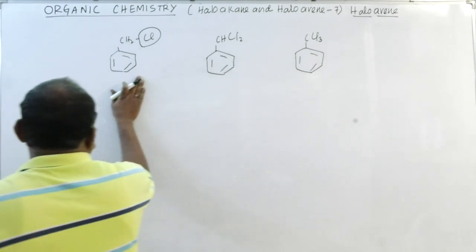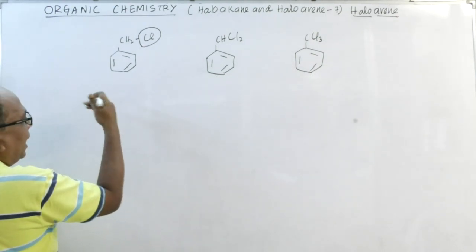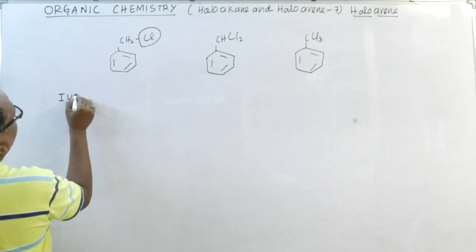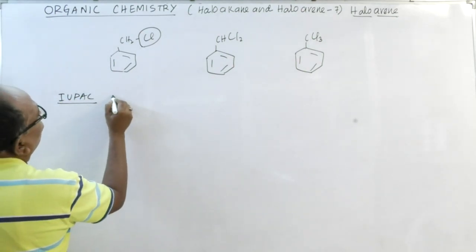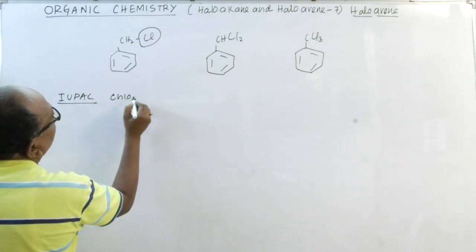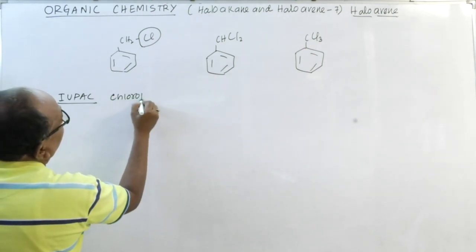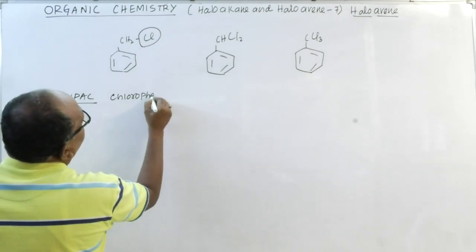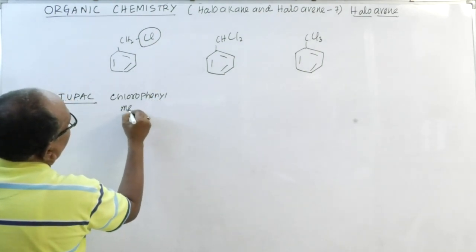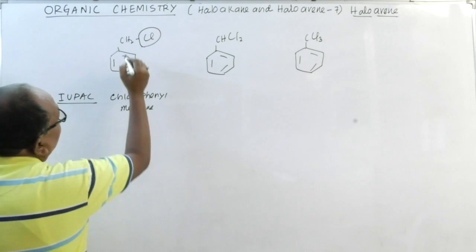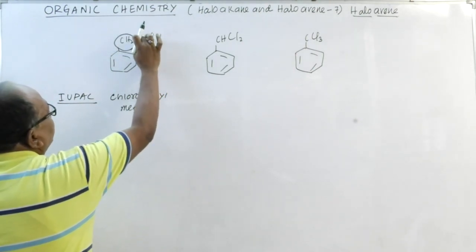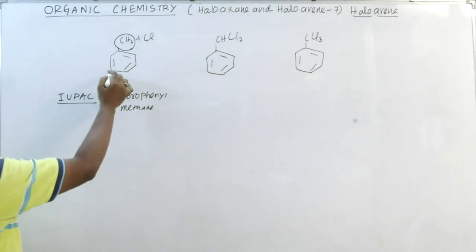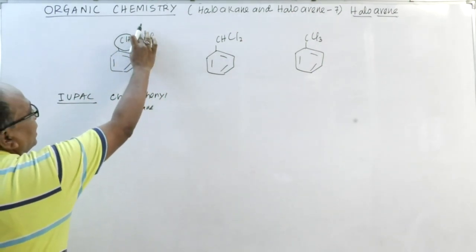Now what is this compound? You can write in the IUPAC system, this is chlorophenylmethane. This is your methane molecule, and this methane molecule is substituted by a phenyl group and a chlorine atom.